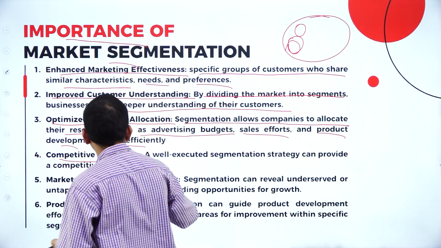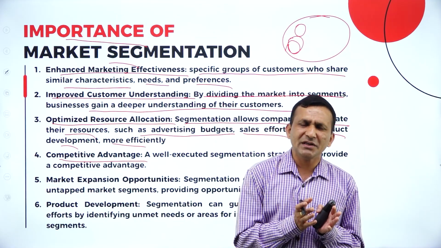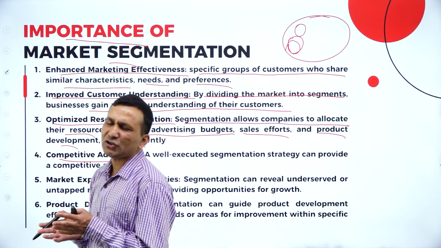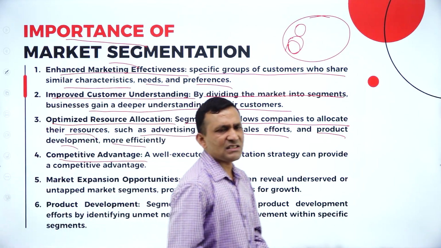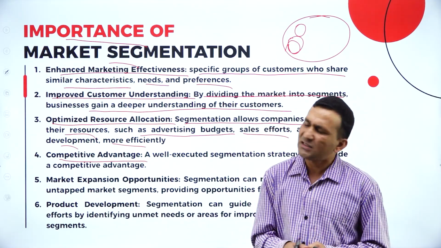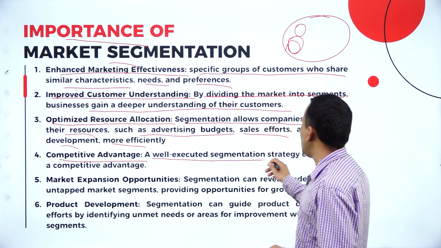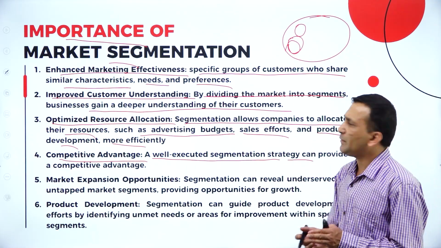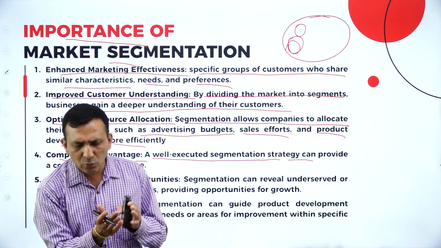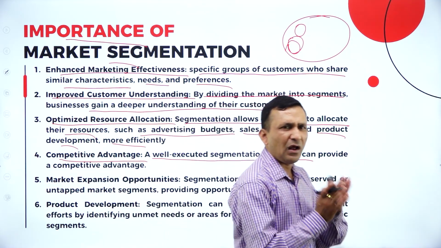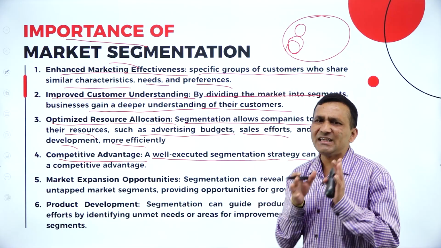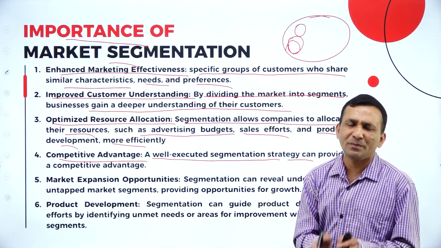And competitive advantage. Obviously there is competition we can tackle because of segmentation. If you are not selecting the right segmentation, obviously we are losing sales and your competitors can take the advantage. That's why we need to go for segmentation. A well executed segment strategy, for example in any city in Karnataka, whether you are launching the product for the north side or south side, east or west, you need to identify where exactly the consumers are showing interest to purchase your product.